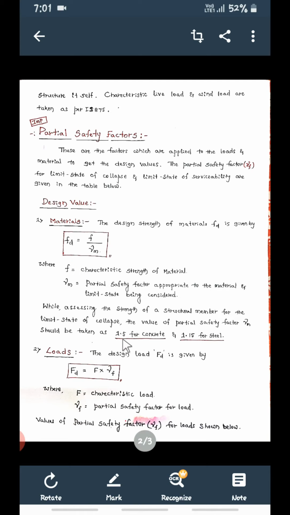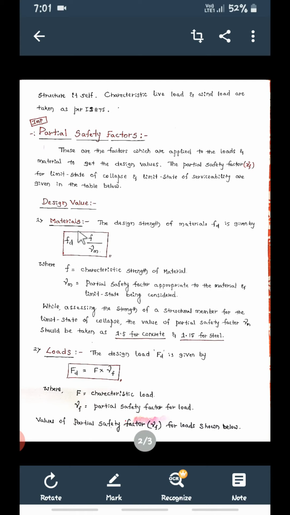It is 1.5. That is, 15 divided by 1.5 will give design strength of M15 concrete, not characteristic strength. This is characteristic strength divided by gamma M, that is 1.5. That will be the design strength, which will be considered for the design.